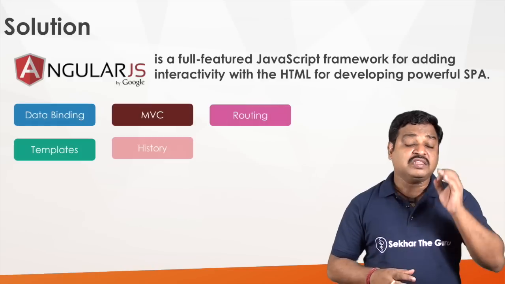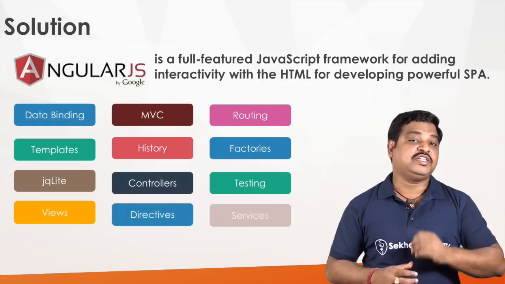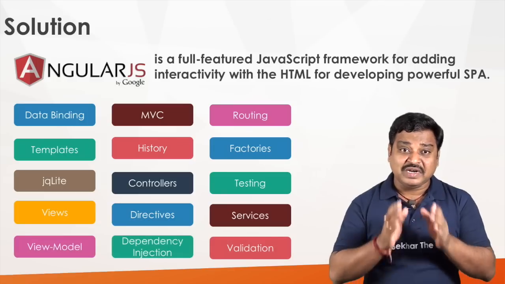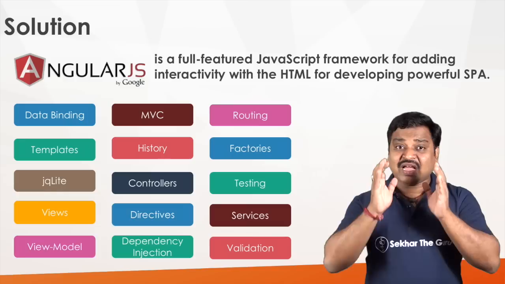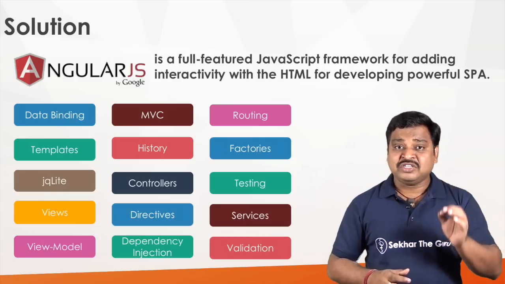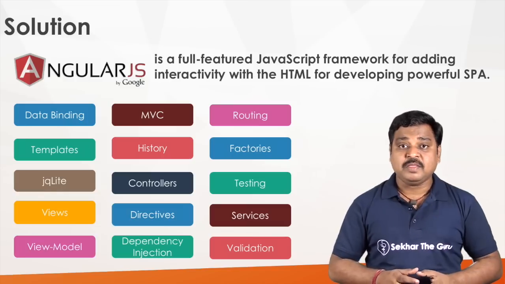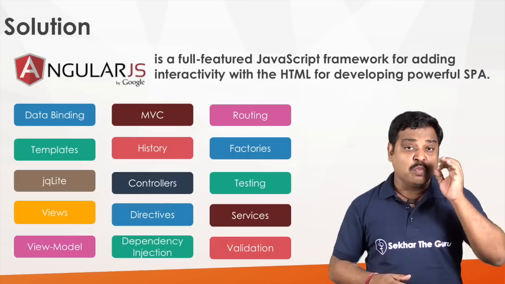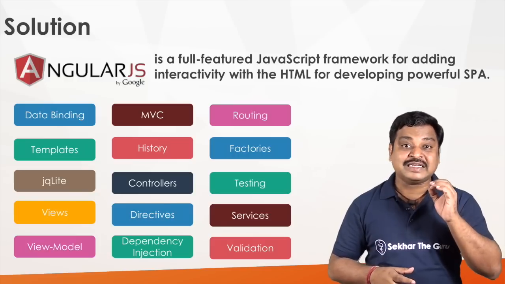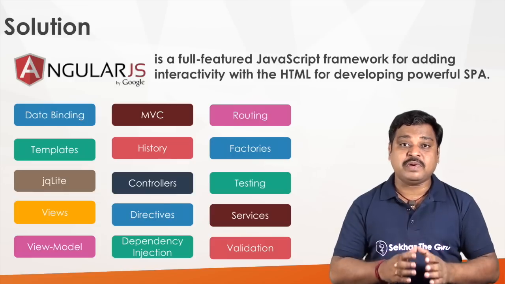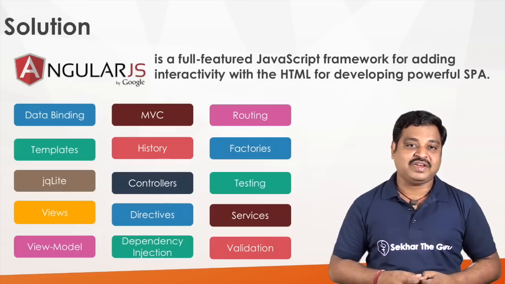AngularJS supports the following list of features. So now we don't need to depend on multiple technologies. If we understand the one technology AngularJS, we can start developing the most powerful single page applications or responsive front-end web applications very effectively.